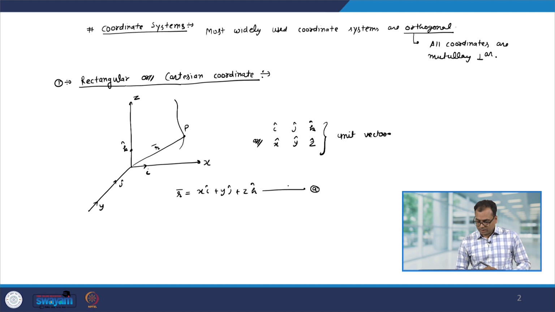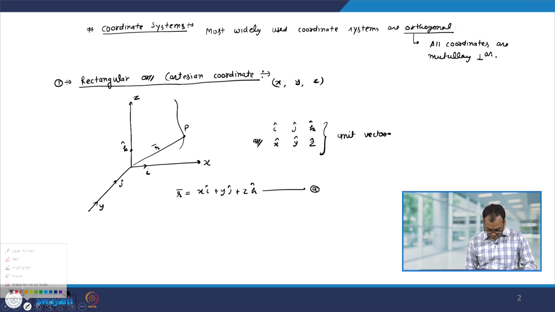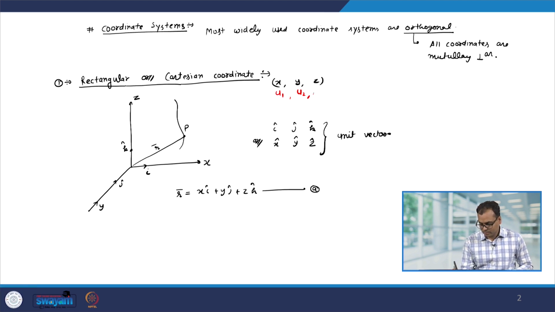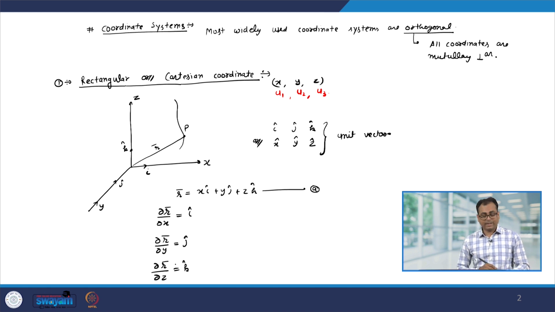Okay. Now, in Cartesian coordinate, as you saw that x, y and z are the coordinate axes. Let us call them u1, u2 and u3. Now, when we calculate this quantity del r over del x, then let us see what we get. We get i. Okay. Similarly, when you calculate del r over del y, you get j, and when you calculate del r over del z, you get k.